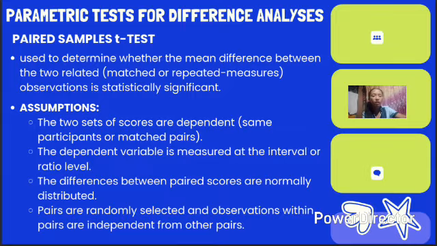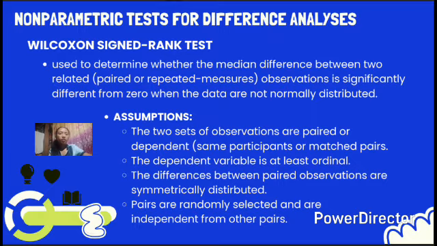So in the non-parametric test for difference analysis, the Wilcoxon signed rank test is used to determine whether the median difference between two related, paired, or repeated measures observations is significantly different from zero when the data are not normally distributed.